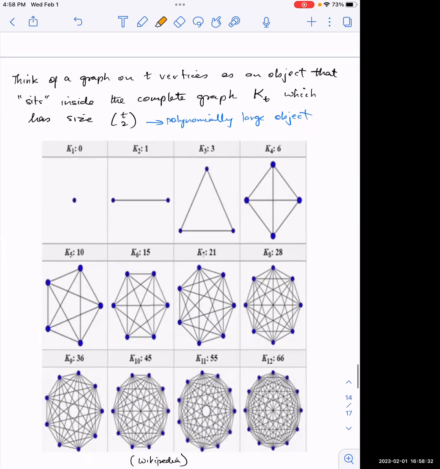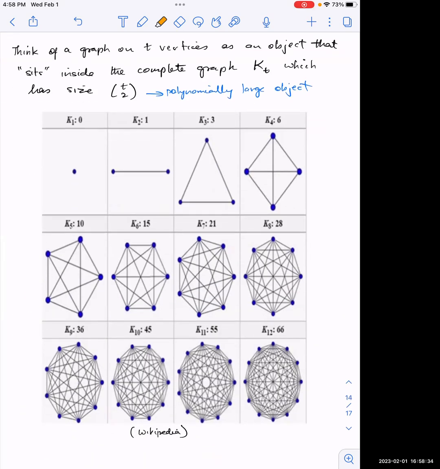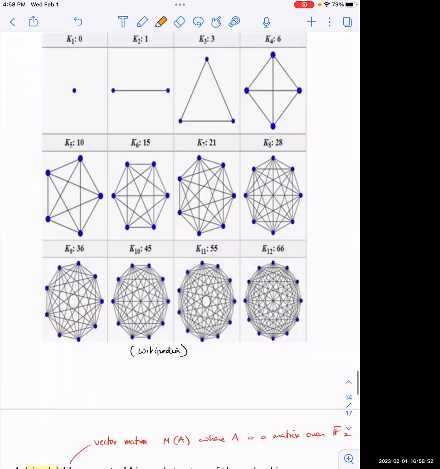So almost done. We think of a graph on T vertices as an object that sits inside the complete graph KT, which has size T choose 2, right? These are complete graphs from Wikipedia. They're polynomially large objects.